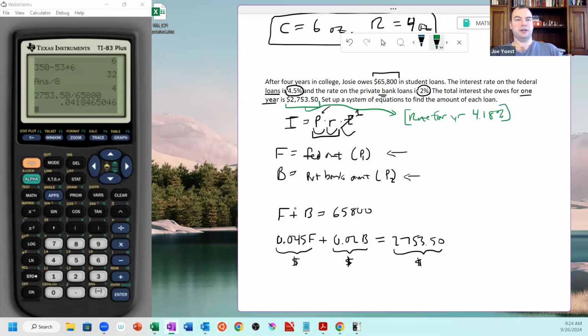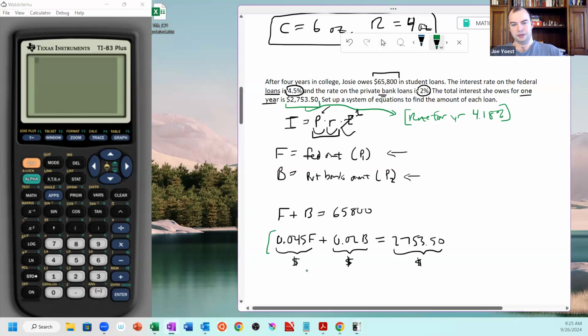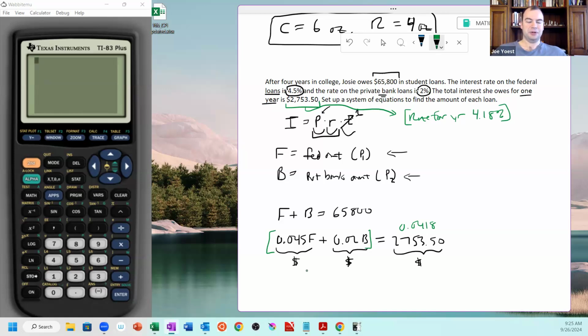The aggregate interest rate for the year was 4.18%. We might be tempted, if we were given this 4.18% instead, to do something like this: left-hand side equals 0.0418. And that wouldn't be correct because we have amount of interest owed in dollars on the left side, and we just have a rate, a unitless quantity, on the right side.